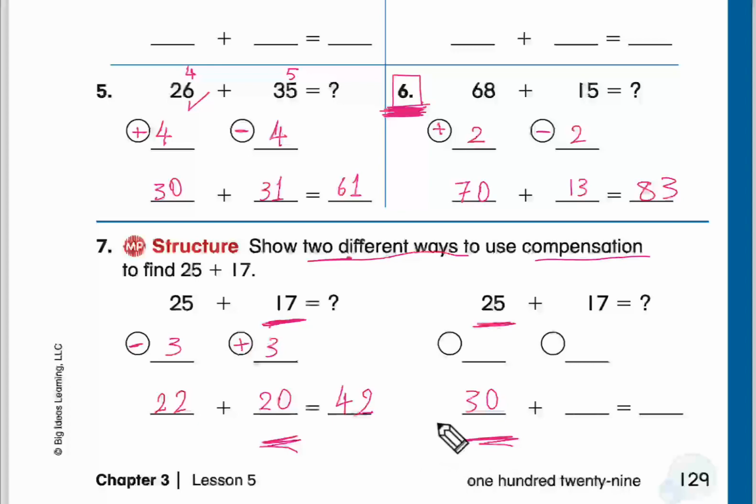How many do you need to add? 5. So we add here 5, and we should subtract here the same number, which is 5. So now we need 17 minus 5. You mean 12? Yes. Okay. Now the last step, 30 plus 12.